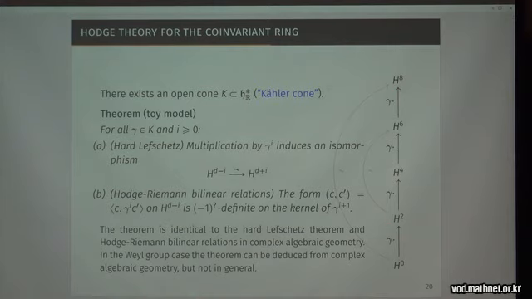Now the extraordinary thing is that if gamma lies in some well-defined open subset, something analogous to the Kähler cone, then repeated multiplication by gamma gives me an isomorphism from here up to here, from here up to here. Okay, so this is called the hard Lefschetz theorem.